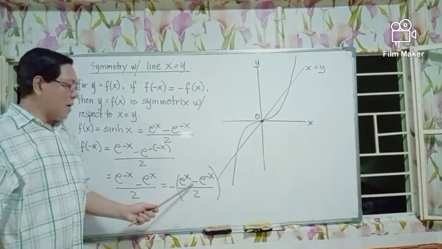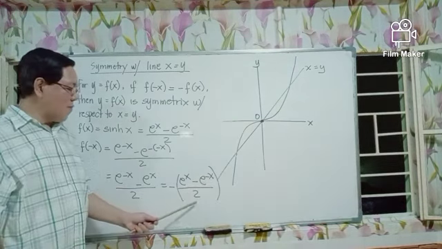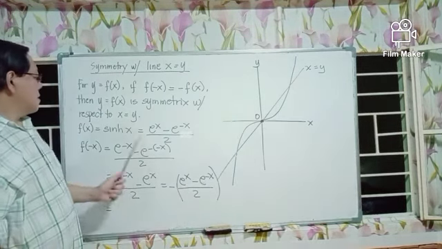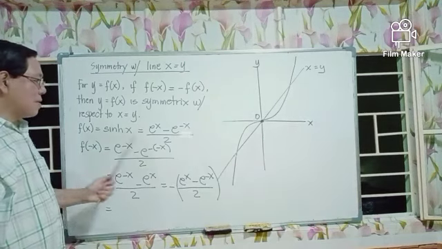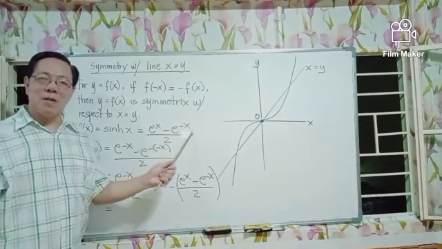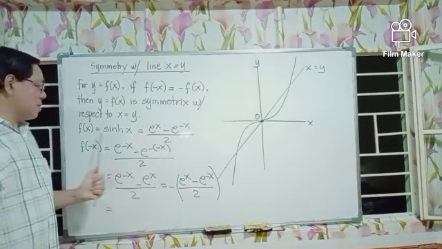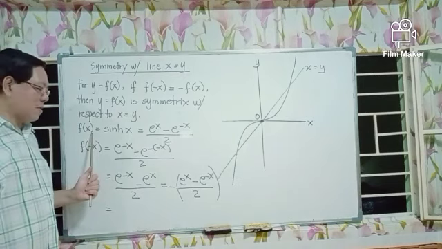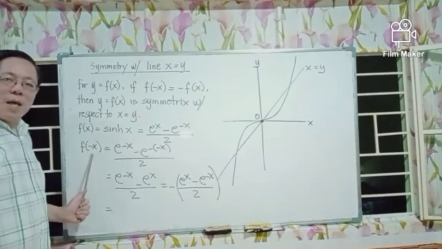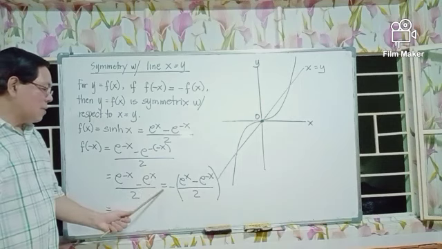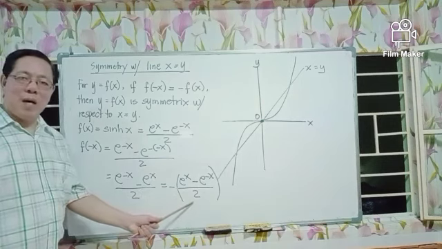But e to the x minus e to the minus x all over 2 is f of x. E to the x minus e to the minus x all over 2 is equal to f of x. So we have shown that f of minus x equals negative of f of x.